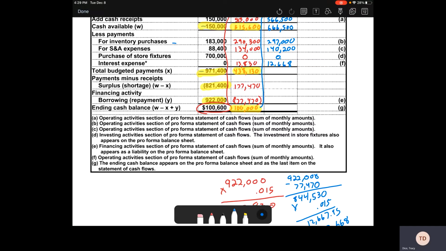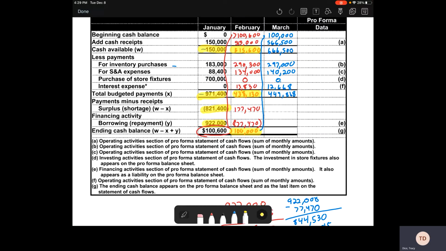When we add all that up, so again, we're adding our 12,668, the 140,200, and the 297 for a total of $449,868. So again, we can see that we have a surplus.